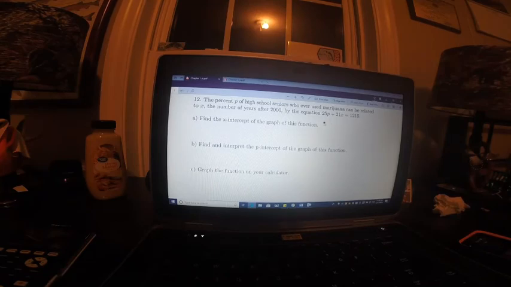So if I set P equal to 0, I get 25 times 0, which is obviously 0, but I'll write it out so we can do this plug-in, plus 21x, and that equals 1,215.